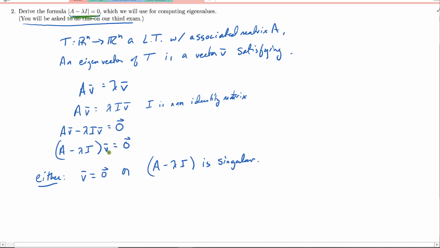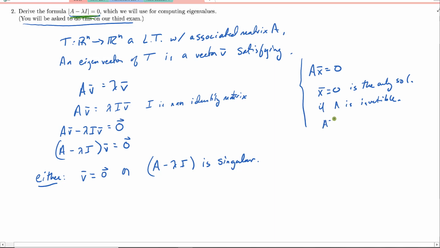Well, remember that in some cases, when I say solve AX equals 0, the only solution to this equation right here is the vector x equals 0. That is the only solution if matrix A is invertible. Why can we see that?